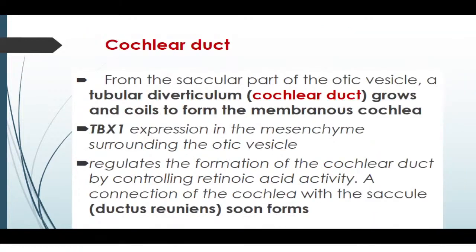Cochlear duct. From the saccular part of the otic vesicle, a tubular diverticulum, the cochlear duct, grows and coils to form the membranous cochlea. The factor TBX1, expressed in the mesenchyme surrounding the otic vesicle, regulates the formation of the cochlear duct by controlling retinoic acid activity, and the connection of the cochlea with the saccule forms the ductus reuniens.